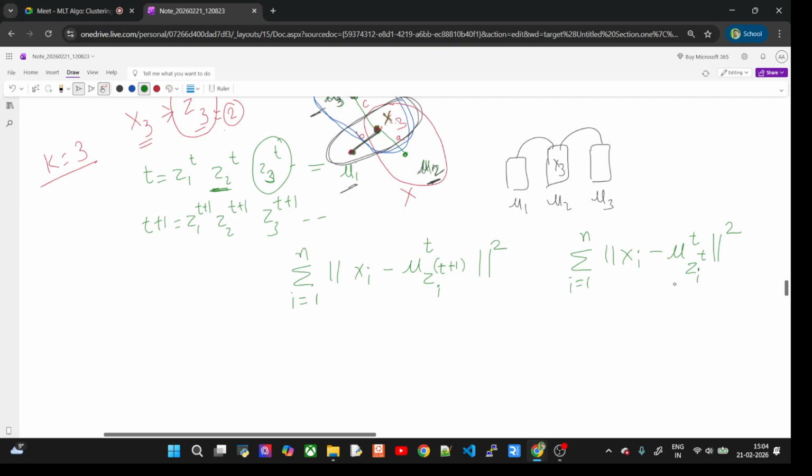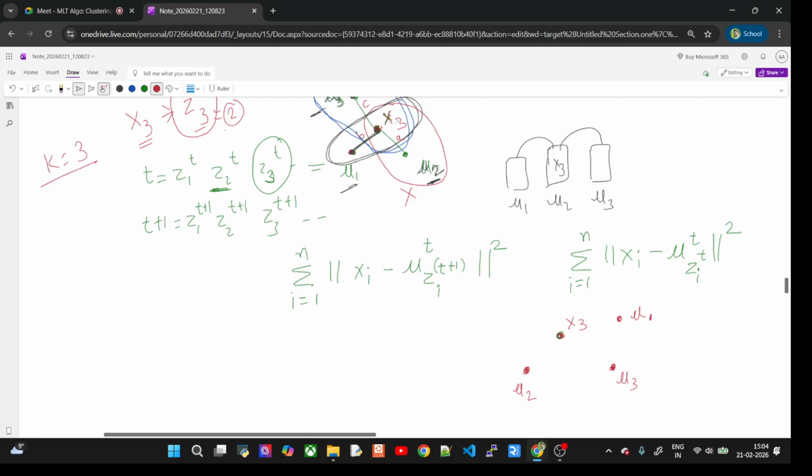This is your current distance. This is your point x3, this is important guys. This is x3, this is one mean, this is another mean, mu2, here is mu3, and maybe here mu1. Consider this example.